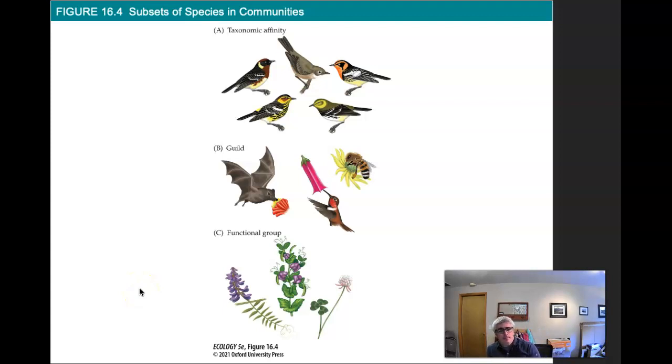And so it could be a wide variety of plants, but they all have nitrogen-fixing bacteria. And so therefore they're all kind of doing the same function. So it might not matter what species the plant is, the function is still the same. It's still adding nitrogen to the soil. So we can kind of think of them in that way, as far as maybe ecosystem service would be one way of thinking about a type of functional group.